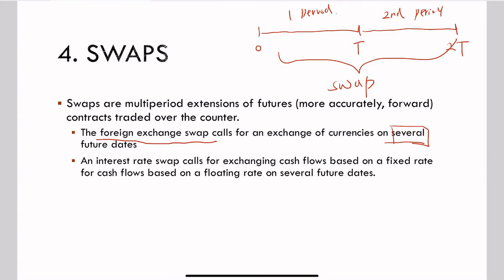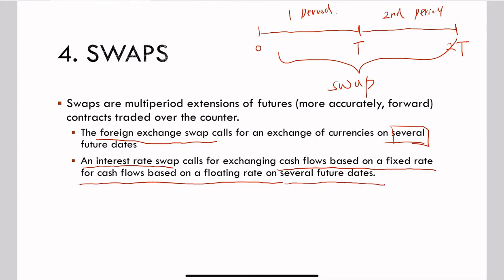That's why you have multiple future dates. And then the second type of swap is the interest rate swap. For this type of swap, you will essentially exchange cash flows based on a fixed rate for cash flows based on a floating rate. Again, on several different future dates.